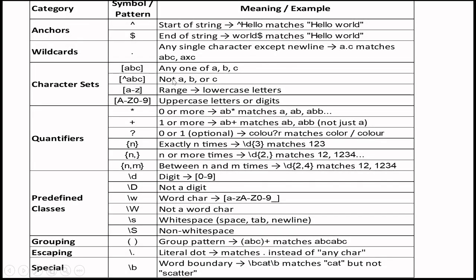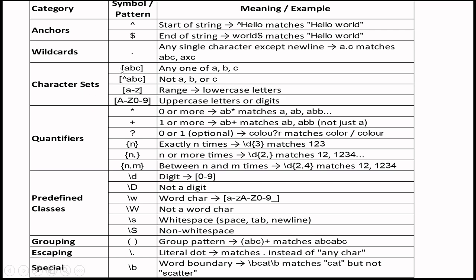And to understand the regex in Python, this is a table showing all the possible characters that can be used in a regular expression. So the caret symbol refers to the start of the string, the dollar refers to the end of the string, the dot will indicate any character other than the newline character, and these will come under the category called sets.